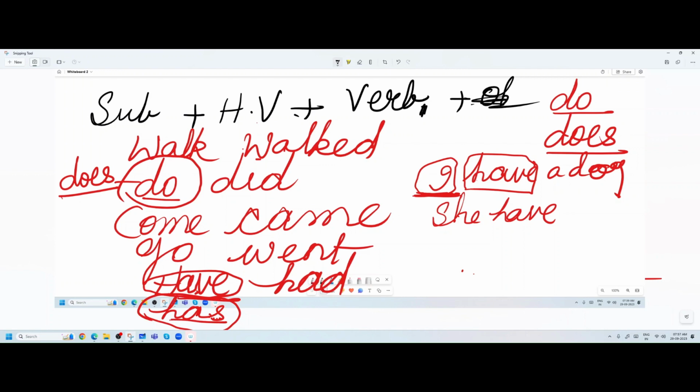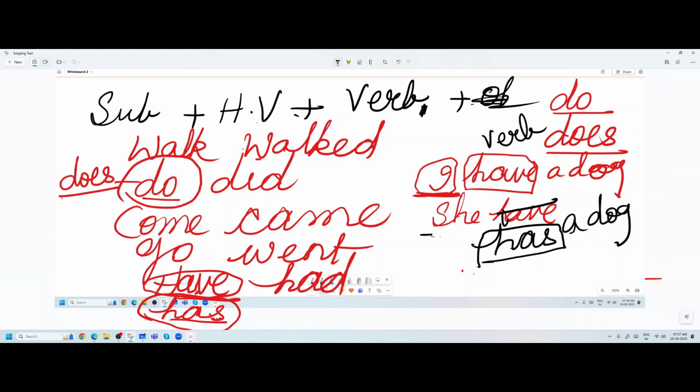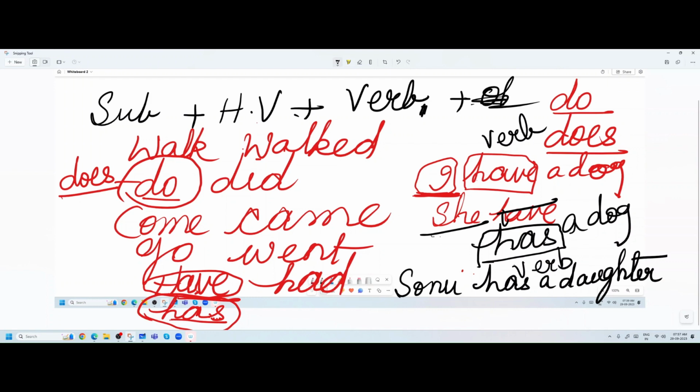Okay. So she has. So I'm going to remove it this way. It's not going to be have. She has a dog. Now I have changed. Now this particular thing, I have a dog, which is a verb, and this particular verb for the third person is has. Clear? Now suppose I write Sonu has a daughter. Sonu has a daughter.